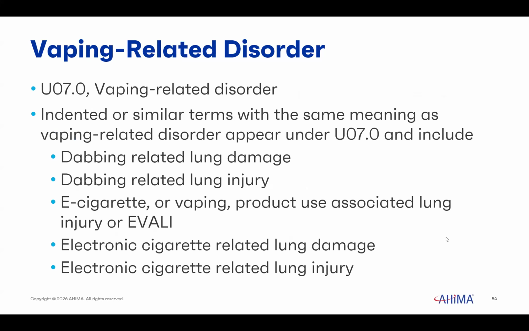And again, the vaping disorder, a lot of interest in this. U07.0. And you can see now the level of detail that we can have: dabbing-related lung damage, dabbing-related lung injury, lung damage due to e-cigarettes, all these things.